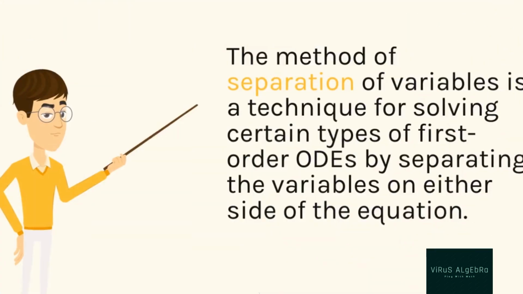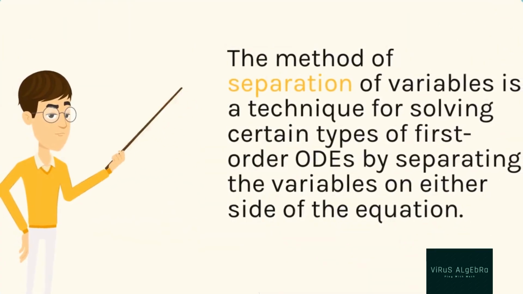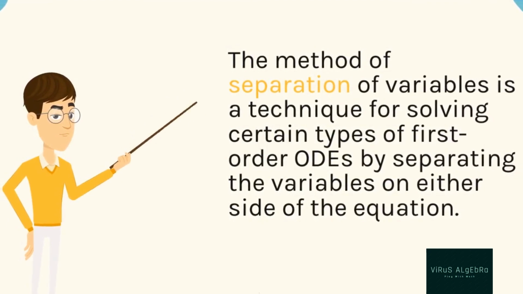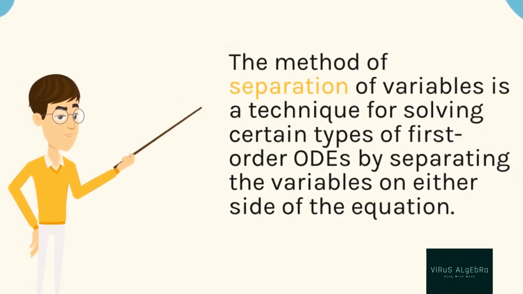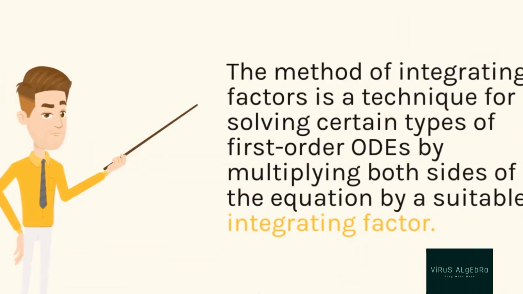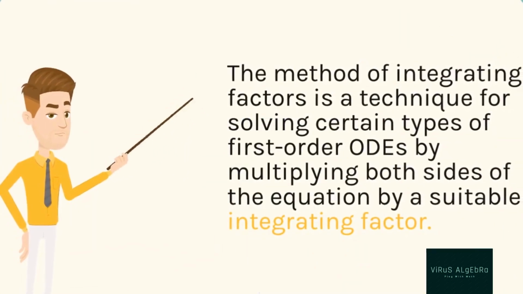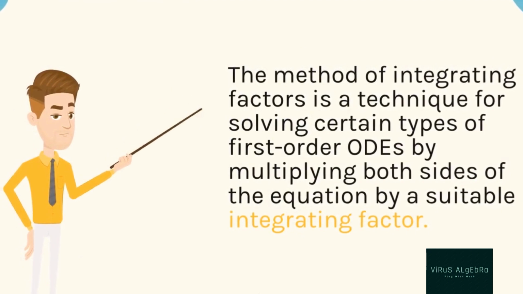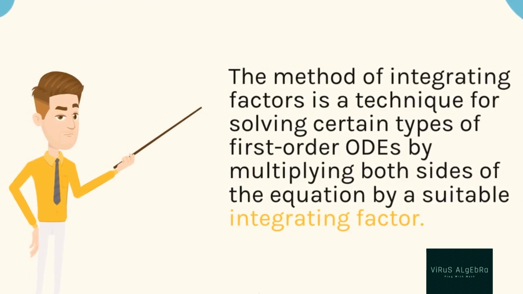The method of separation of variables is a technique for solving certain types of first-order ODEs by separating the variables on either side of the equation. The method of integrating factors is a technique for solving certain types of first-order ODEs by multiplying both sides of the equation by a suitable integrating factor.